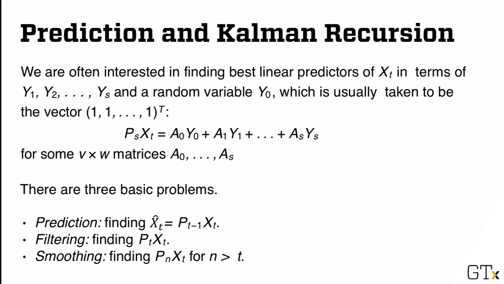Filtering is when s equals t, that is, estimate x at the current time point t. We can view this as an imputation, where we estimate the unobservable hidden process xt given only the current time point data, yt. The last problem is called smoothing, and it is when s is larger than t.